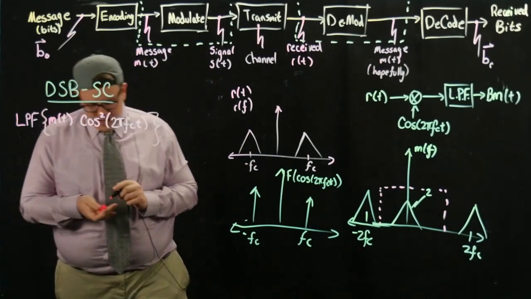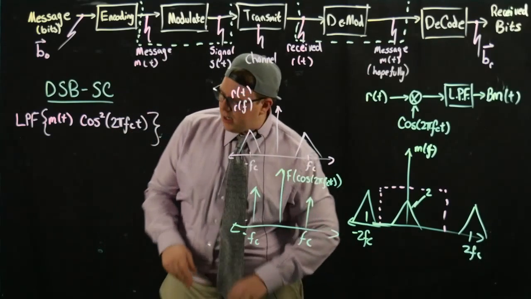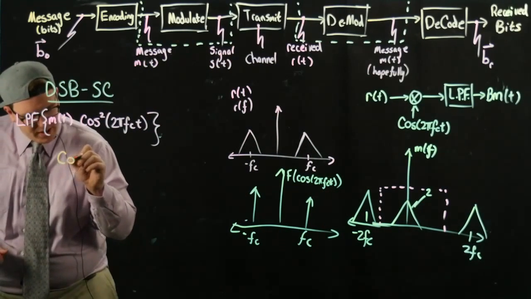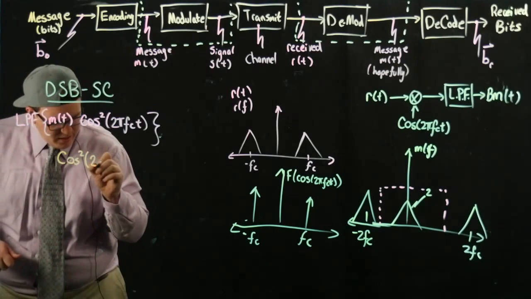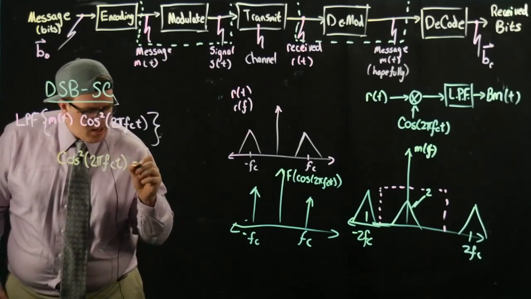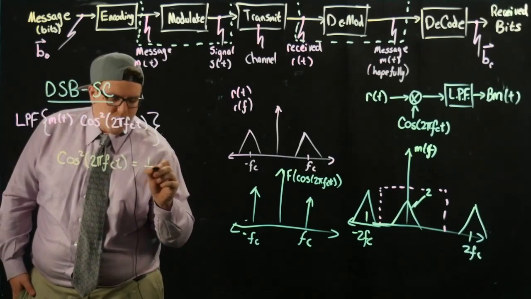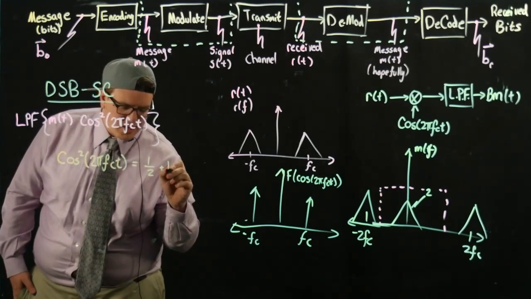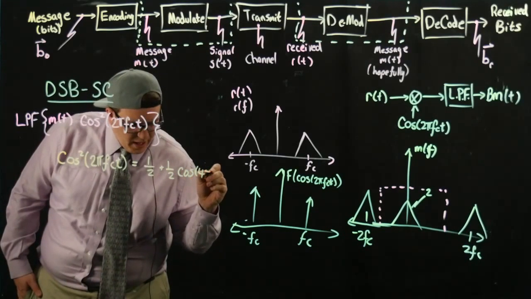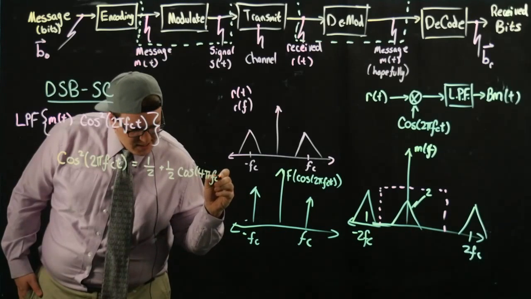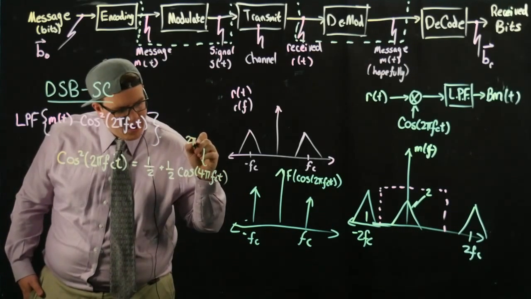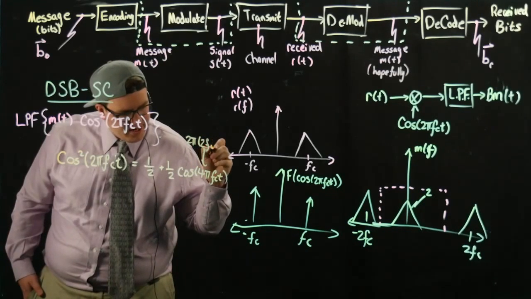The first thing we know is the double angle formula, that cosine squared of 2 pi fct is equal to 1/2 plus 1/2 cosine of 4 pi fct, or if you prefer, 2 pi 2fct.